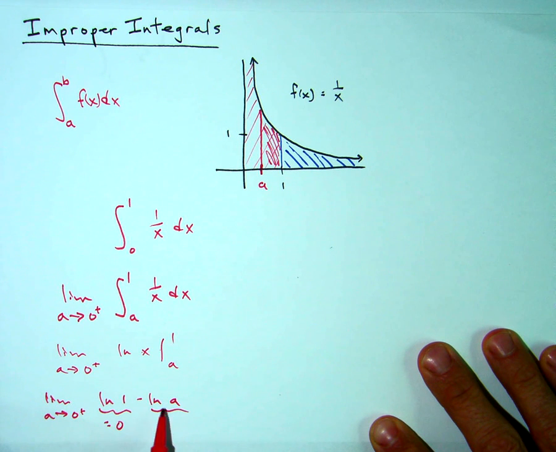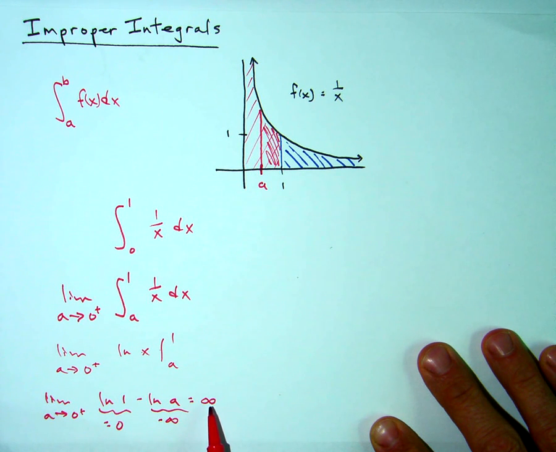So what does natural log do as a goes to 0? Well, it goes to negative infinity. If you think about the graph of natural log, this is going to be negative infinity, and negative negative infinity, so this is going to go to infinity. One thing I should point out here: a lot of students like to use infinity because we have the symbol for it.